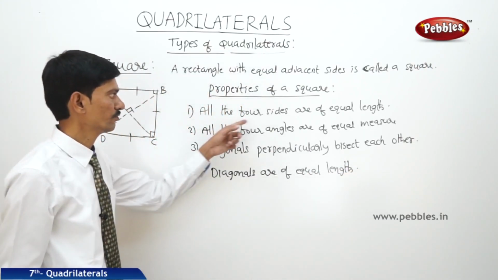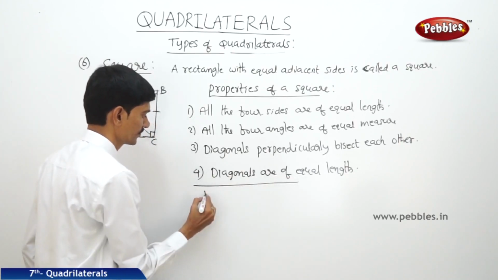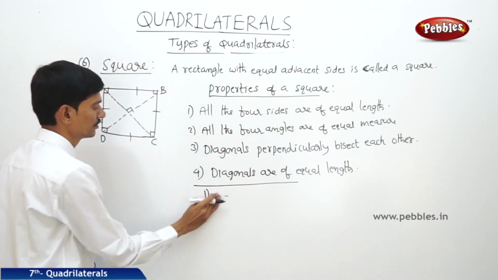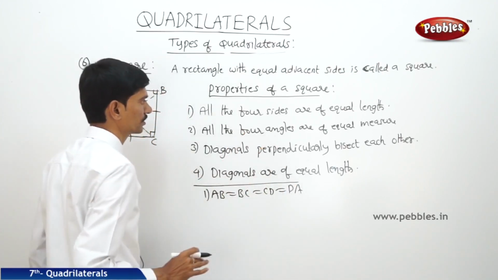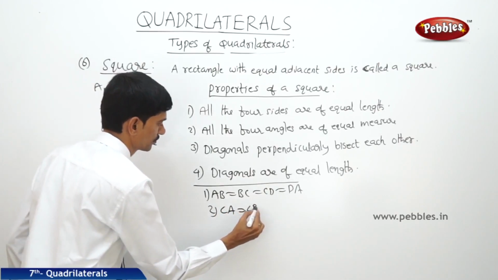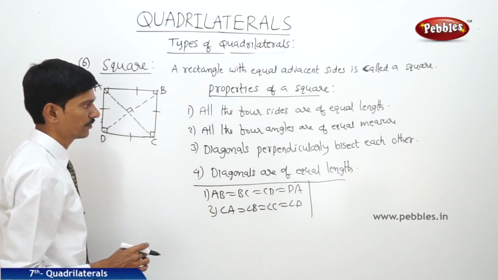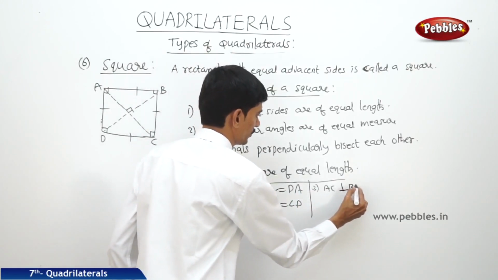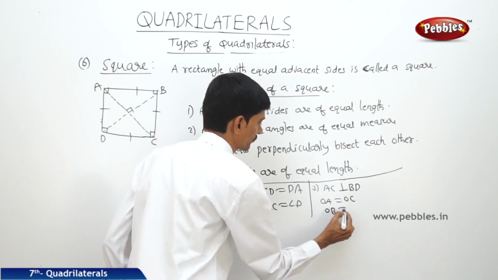The first property, all the four sides are of equal length, means AB equal to BC equals to CD equals to DA, and all the four angles are of equal measure, means angle A equals to angle B equal to angle C equal to angle D. Now the third property, diagonals perpendicularly bisect each other, means AC perpendicular to BD, and OA equal to OC and OB equals to OD.